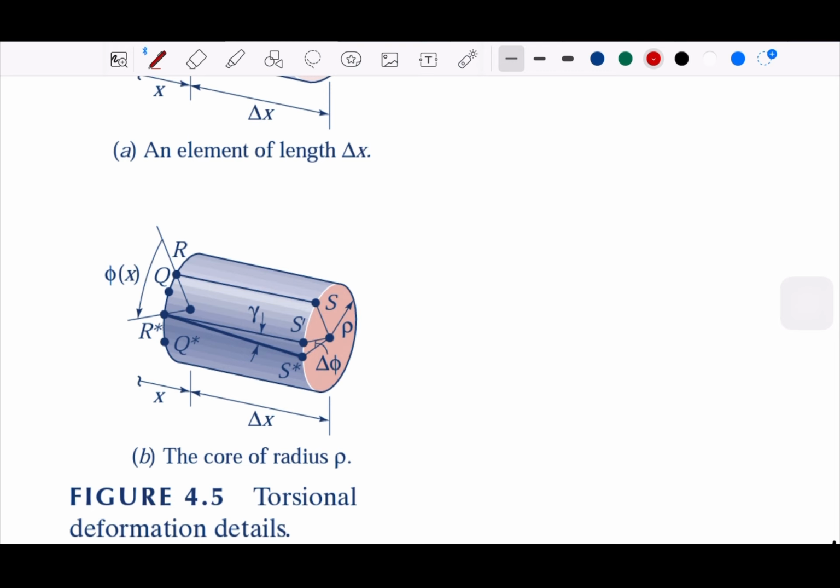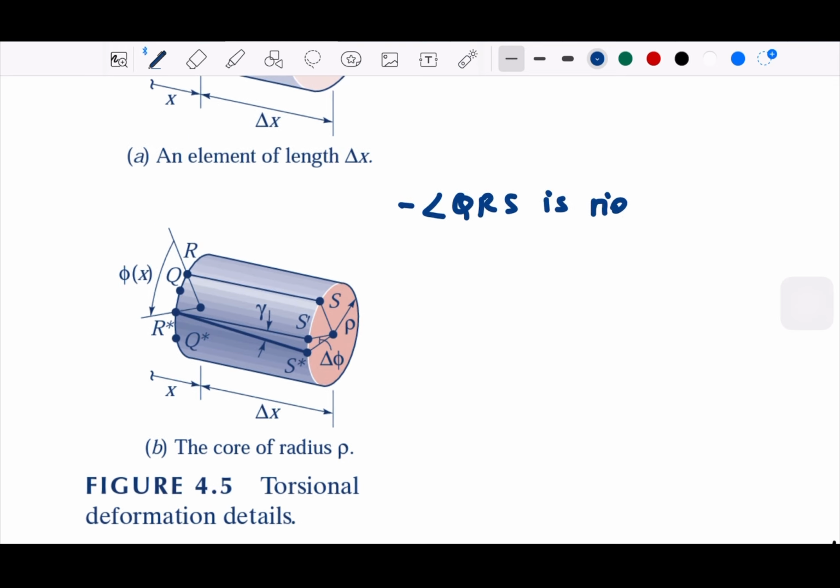So if we see from the previous one here, let me write first, the angle of QRS is a right angle.